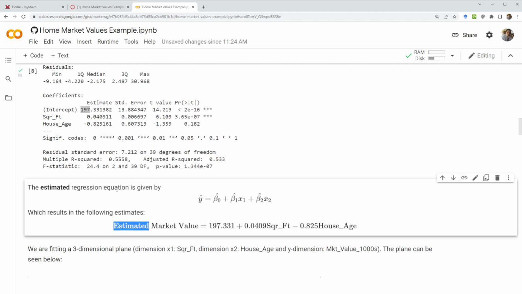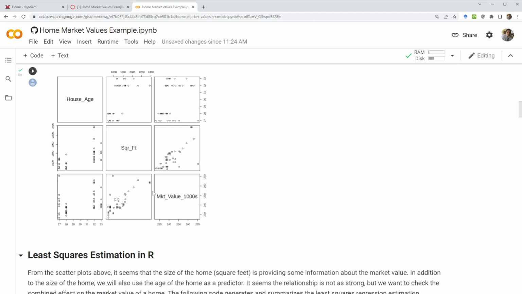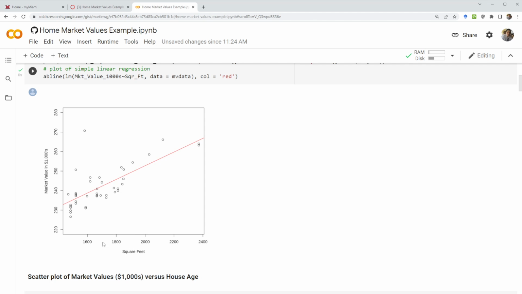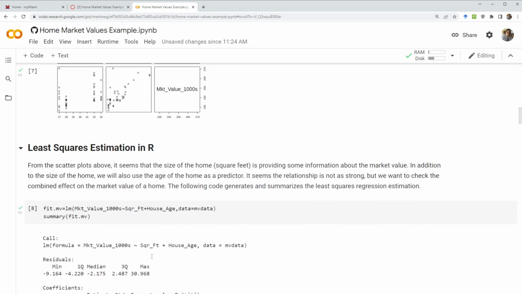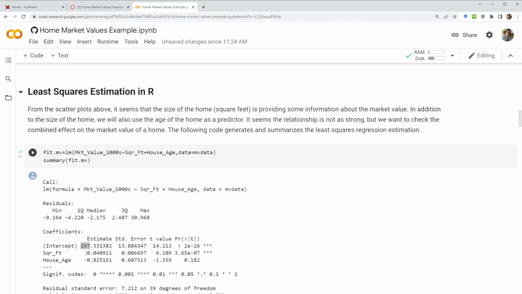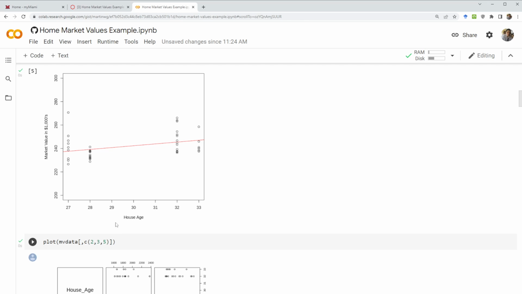Okay, so we saw the linear relationships that we have here with square feet and market value and house age and market value. But when we see here square footage has a positive relationship and house age has a negative relationship, that doesn't make too much sense because we can see the house age is not necessarily negatively related.